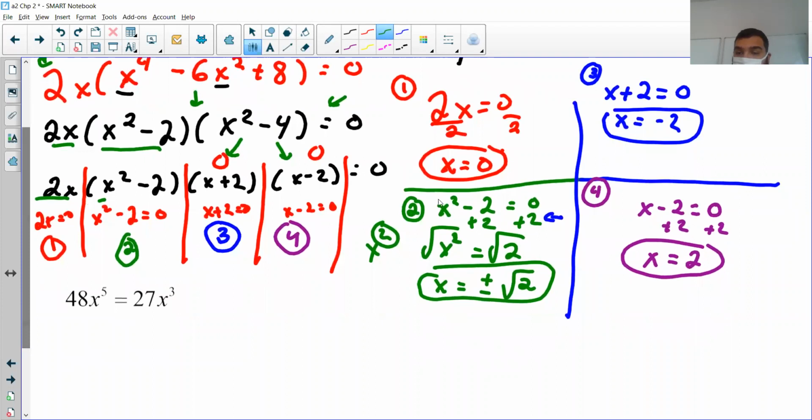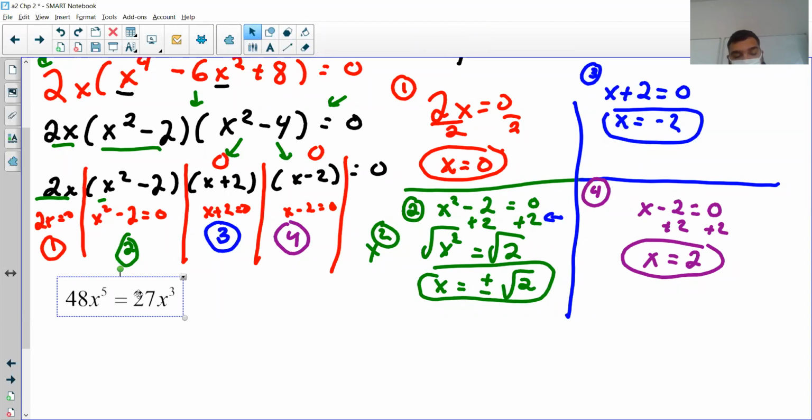So then I do x equals positive negative square root of 2. I do one time positive and one time negative: x equals positive square root of 2 and x equals negative square root of 2.